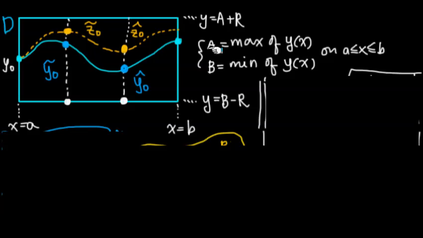As you can see, this is a maximum of this function value from A to B. This is our choice, A and B, and the minimum value in B. So you go from the top, the maximum value, R more, and from the bottom, the minimum value, R down. So this is how wide our thing is, and R is our choice.